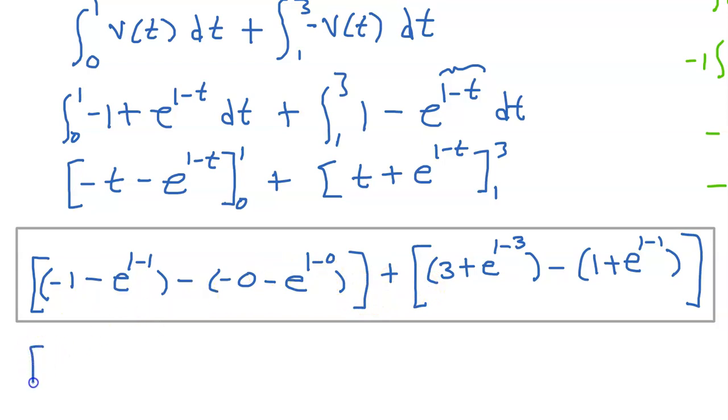So we will have -1. E to the 0 power is 1. So we have -1 minus 1. And then this 0 is gone. And this will just be -e to the 1 power, which is just -e.